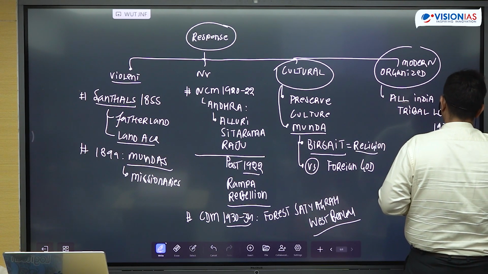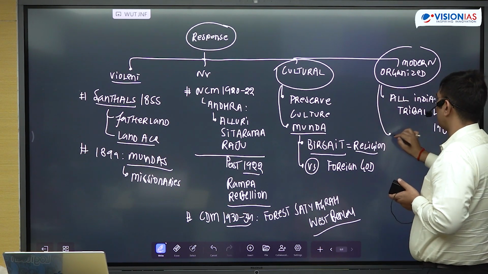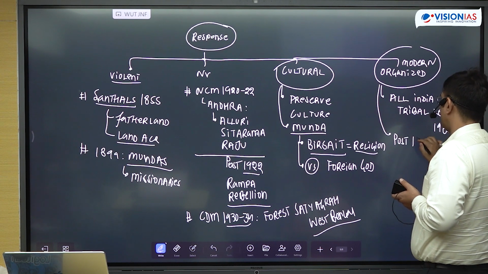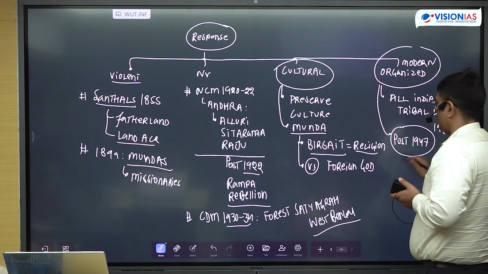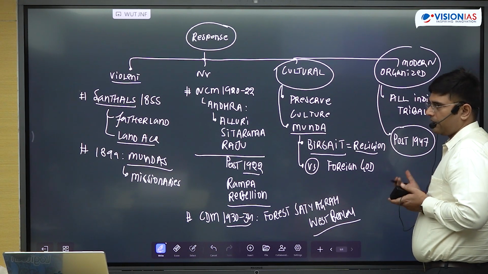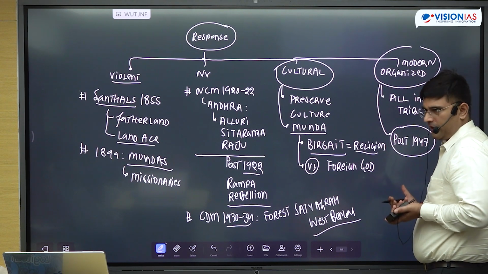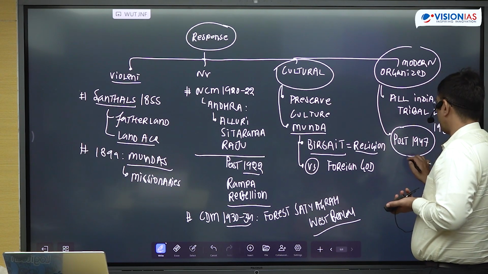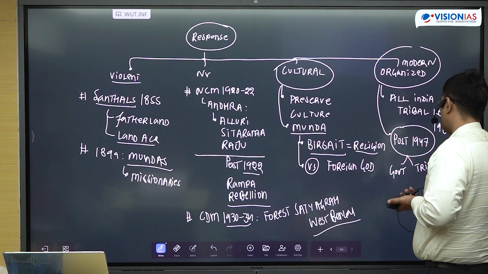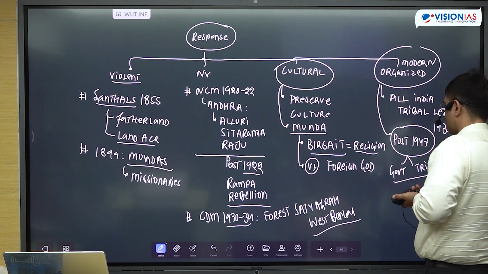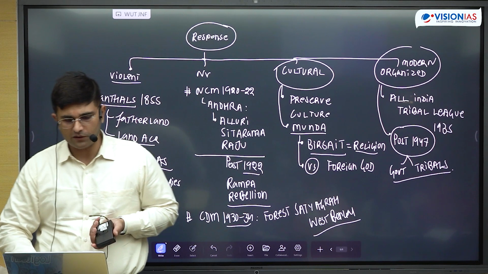Or if you don't remember this, then you can mention that at least after 1947, the tribes campaigned for their separate state, for example in the form of Jharkhand, right? They campaigned for tribal rights and the constitution also. So post 1947, the government and the tribals, both of them are trying to give organized benefit to the tribals. In this way you can conclude.